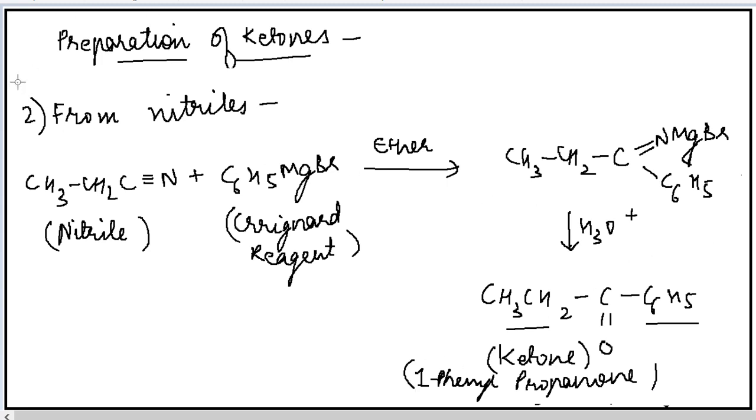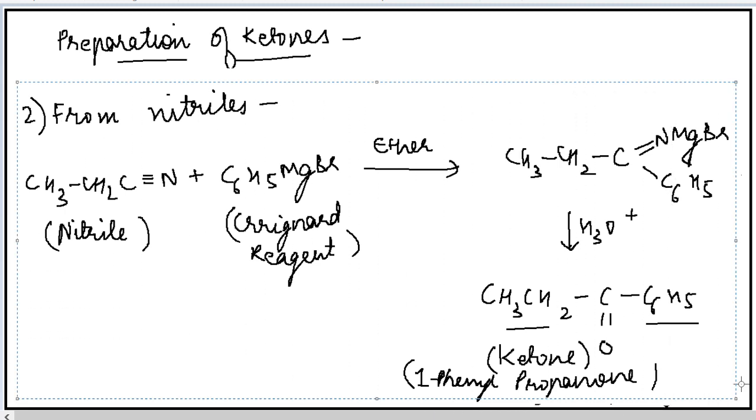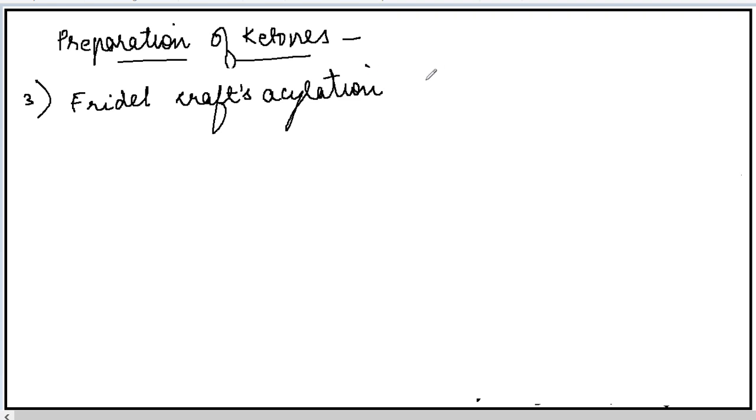So this was the second method to prepare ketone. Now the last method to prepare ketone is from benzene or substituted benzene by Friedel-Crafts acylation reaction. This reaction is given by benzene or the substituted benzenes.